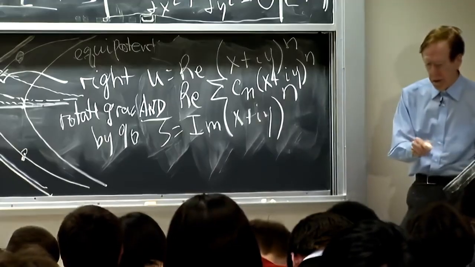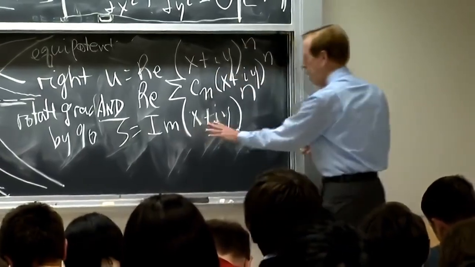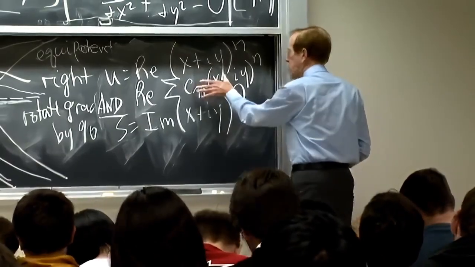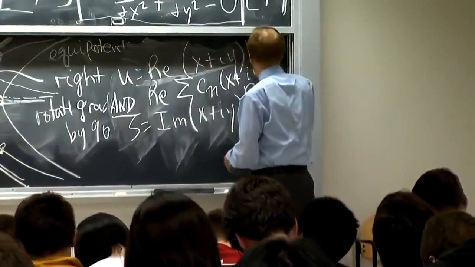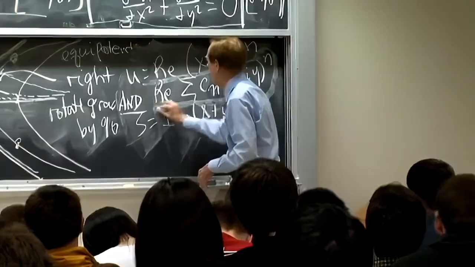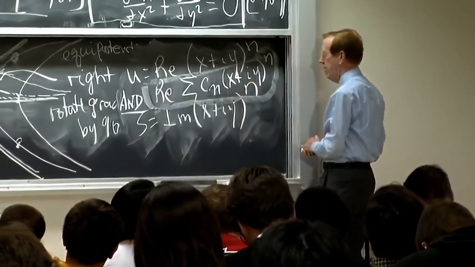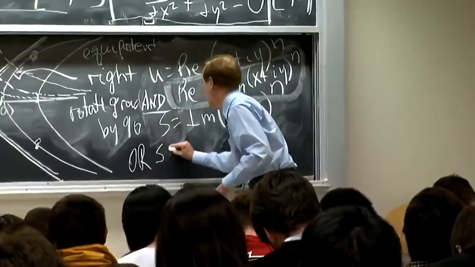And what will be the twin solution, or the stream function that goes with this u? So this is another u. This is virtually a complete family of u's, because we have all these coefficients to choose. And what will be the s? So what's the corresponding s then?